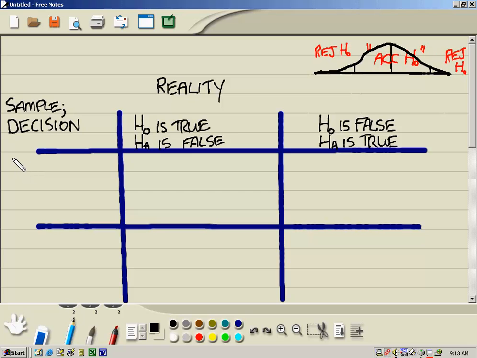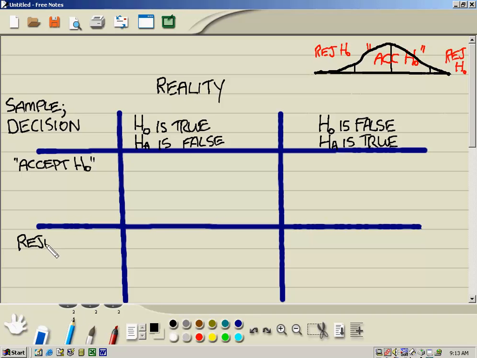Now we decide either, and we'll put quotes here again because we'll change this up once we've seen the logic, we either accept the null hypothesis when we get a sample value close to the hypothesized value, closeness being limited by the critical values that we calculate, or we reject the null.